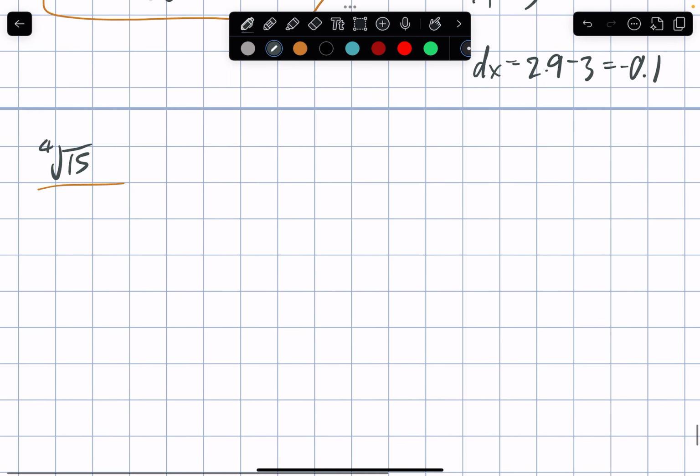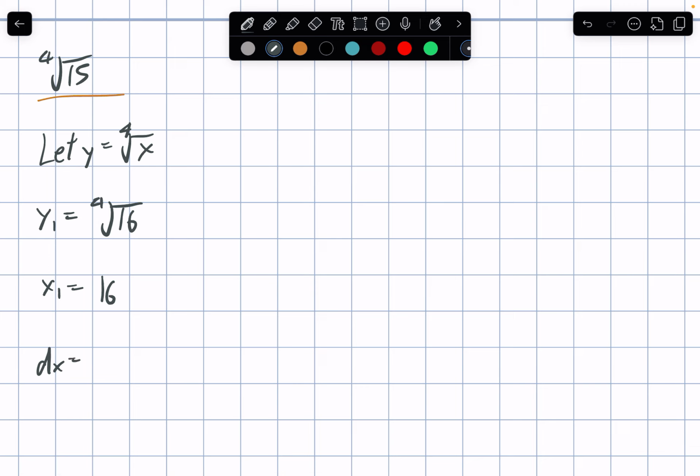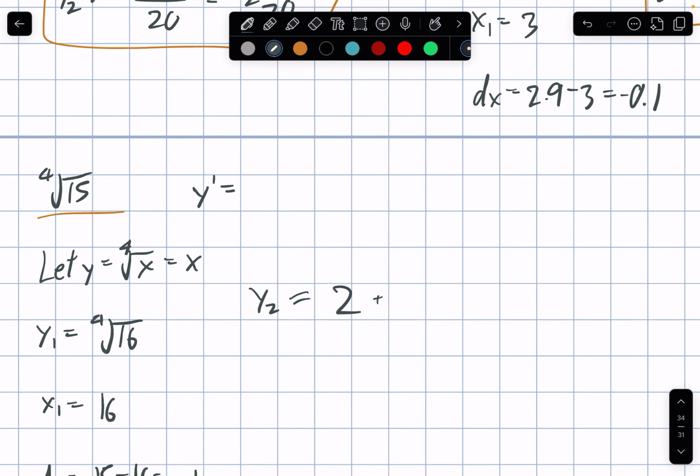How about a little more? How about this question? So let y equal to square root, no, not square, fourth root of x. So y1 is going to equal to, let's try 16. x1 is going to be 16. Your dx is therefore going to be 15 minus 16 equal to negative 1. So y2 is equal to y1. This could be rewritten as 2 raised to 4 or just 2 plus, oh, but sorry, you weren't able to find the derivative yet.